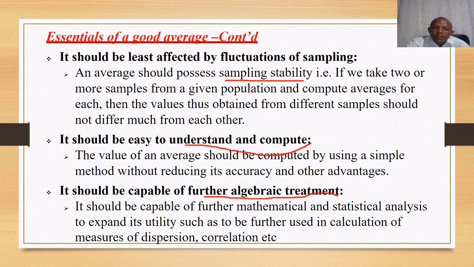Then a good average should be one that one can easily understand and compute. And lastly, it should be capable of further algebraic treatment. In other words, you can use an average to compute another value or variable. For example, we can use the arithmetic mean to calculate the standard deviation, or the mean deviation, or variance.